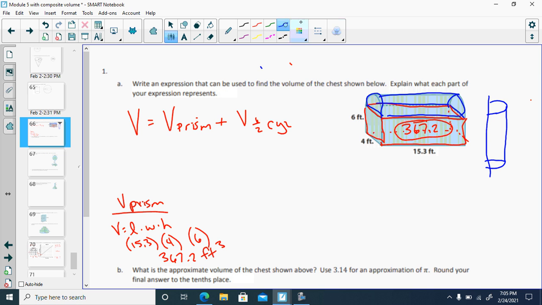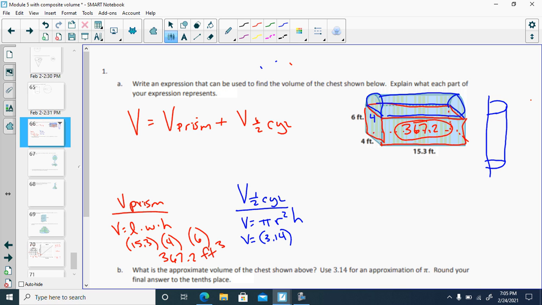Now let's handle the top part, the cylinder. The volume of half of a cylinder: we know the formula for a cylinder, if you look at your formula sheet, it's pi r squared h. Now, they said to use 3.14 for pi, so we're going to substitute 3.14 in for pi. Our radius, okay, now the distance all the way across on this is the same as in the box, is 4.